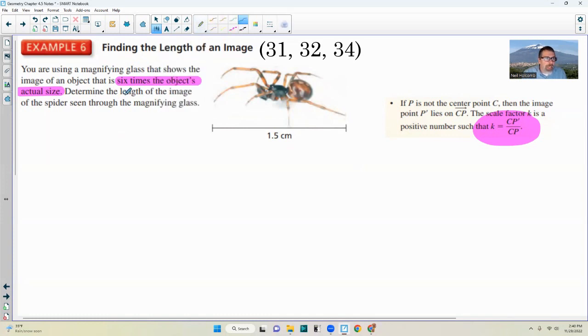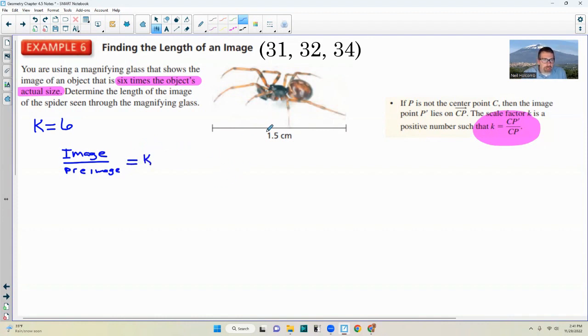So now we know what k is. 6 times the object's actual size, that means k equals 6. Okay, so we want the image length. So we want the image over the pre-image. The image over the pre-image has to equal our k.